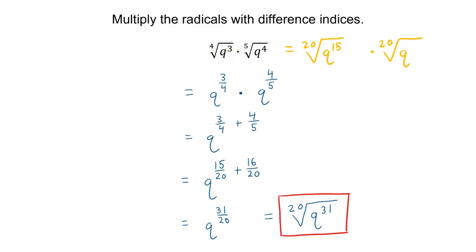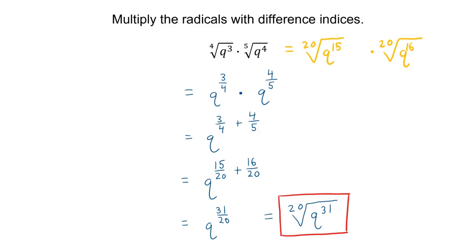Now let's carry out that same process for this expression. I know that I need to turn this index of 5 into an index of 20. I have to multiply 5 by 4 to get 20. So that means I have to multiply this 4 by 4 as well to get 16. So the fifth root of q to the fourth is the same thing as the 20th root of q to the 16th.